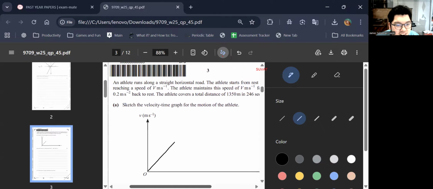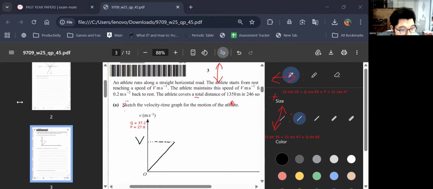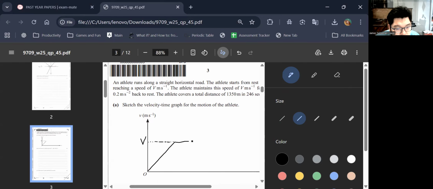It accelerates to reach a speed of V. So if this is your V, and then the athlete maintains this speed, so the speed is constant, and then they decelerate back to rest.